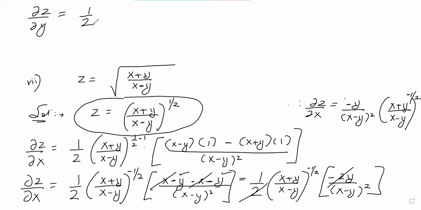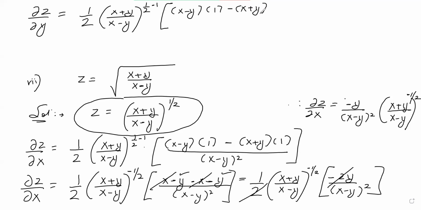So it's half into x plus y over x minus y to the power half minus 1 times, I apply the quotient rule to x plus y over x minus y. So it's x minus y into the derivative of x plus y with respect to y, which is 1, minus x plus y into the derivative of x minus y with respect to y, which is minus 1, over the denominator square, which is x minus y square.